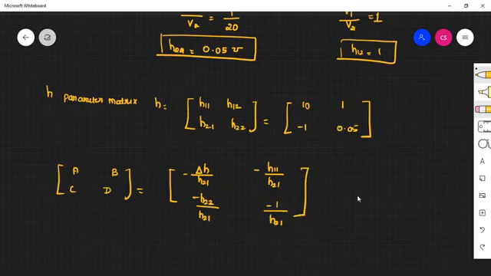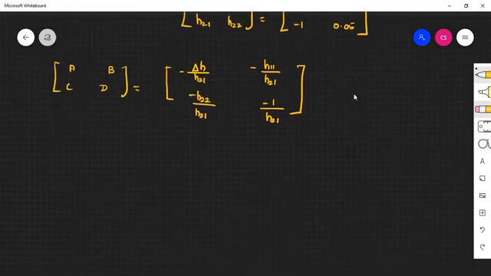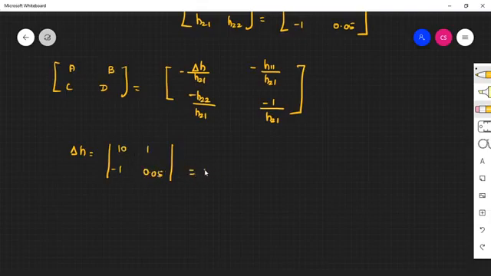Now let us substitute the values and find the ABCD matrix. We will first find del H. Del H is the determinant of 10, 1, minus 1 and 0.05, and we get this value to be 1.5.